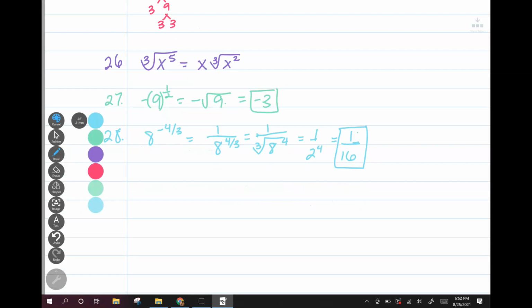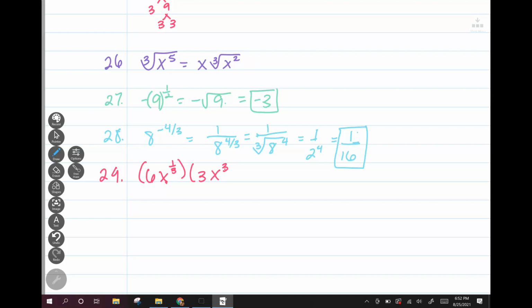29. 6x to the 1/3 times 3x to the 3/2. All right, we're multiplying. So this is just like the first problem we did. You want to multiply the coefficients and add the exponents.